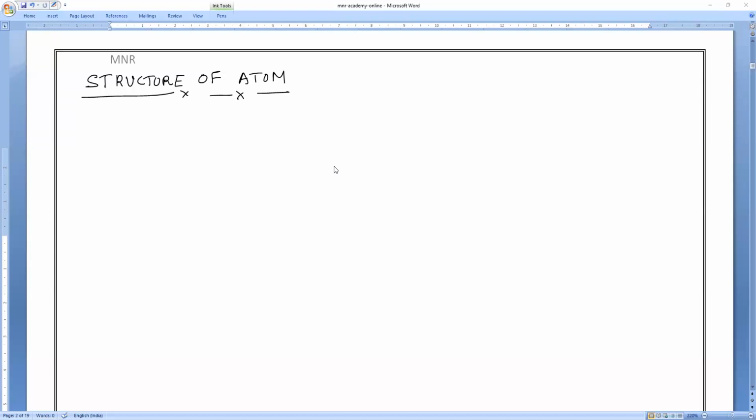The electrical neutrality of the atom proves that there are equal numbers of what? Any atom contains what? Equal number of protons and equal number of electrons.